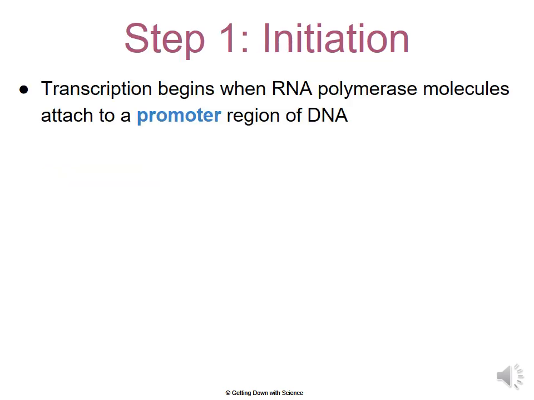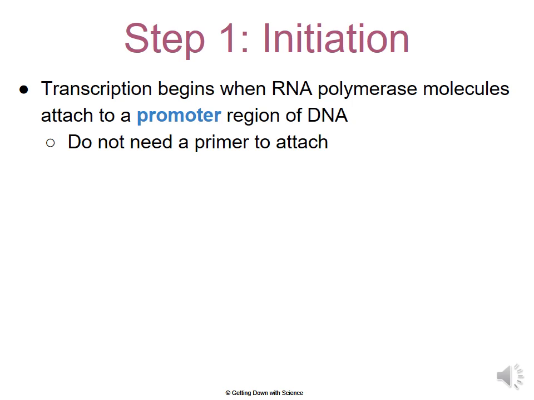So starting with initiation, transcription begins when RNA polymerase molecules attach to a promoter region of the DNA. If you think back to when we talked about replication, we had a DNA polymerase that attached to a primer and went along. Here we have an RNA polymerase that's going to attach to a promoter, a region in front of the gene of the DNA.